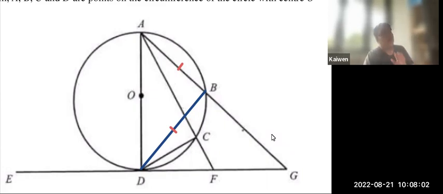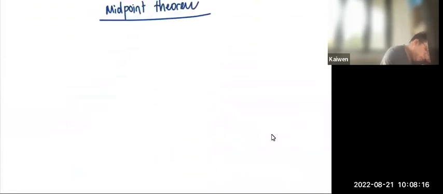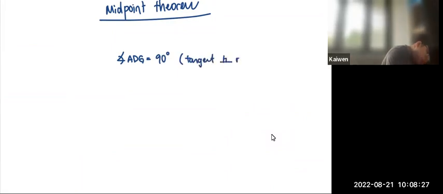You cannot anyhow claim that any line that is touching the tangent line is going to be perpendicular. You must be very clear that the line touching the tangent line must be the radius of the circle. So that's step one. I'm going to claim that angle ADG is equal to 90 because your tangent is perpendicular to your radius.